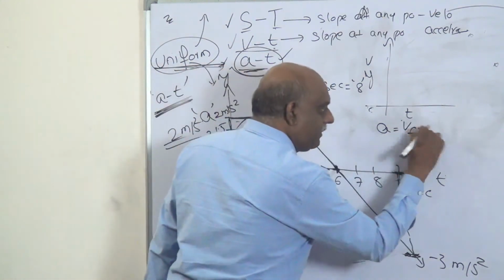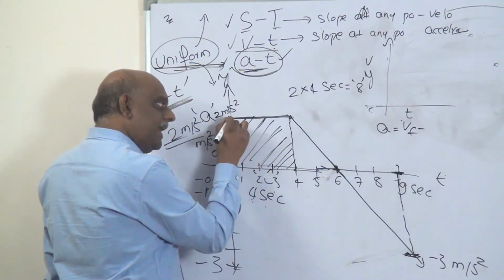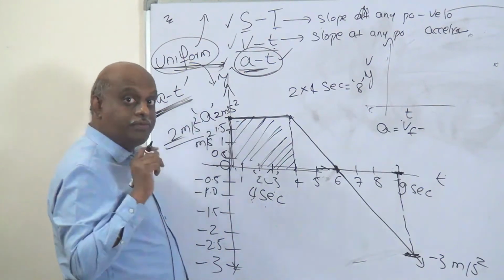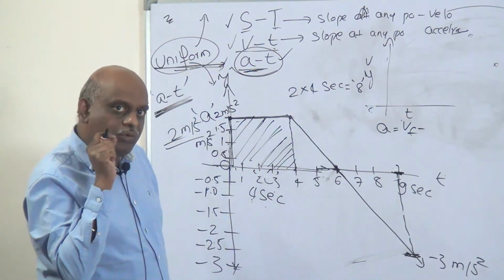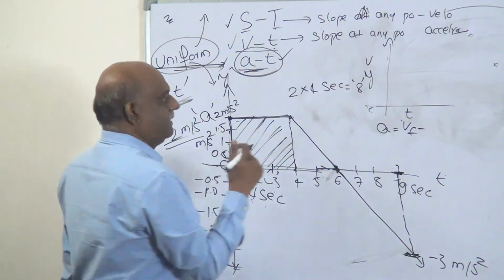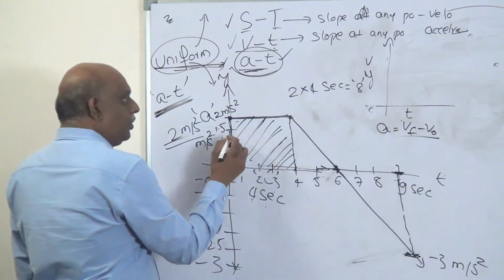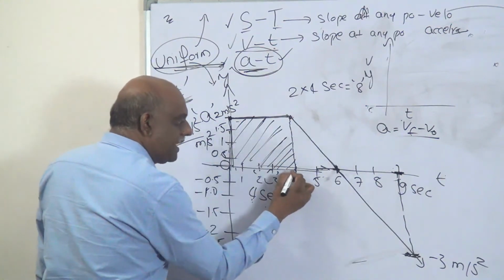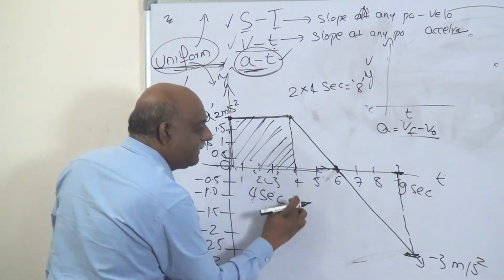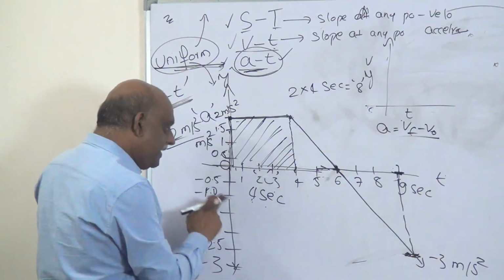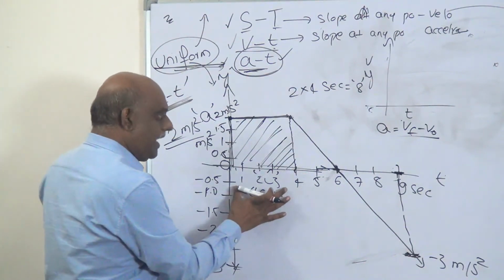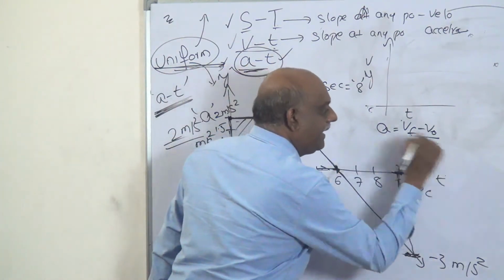So the final velocity minus the initial velocity, divided by the time it took, the final time minus the initial time, the change in time, delta t.